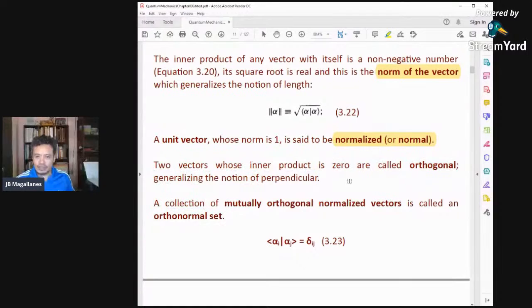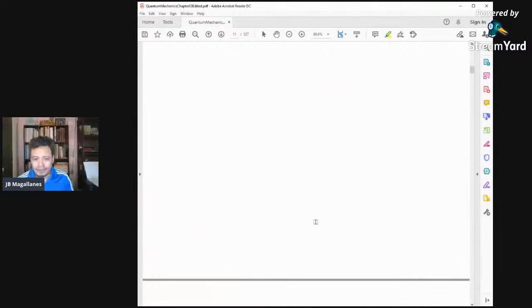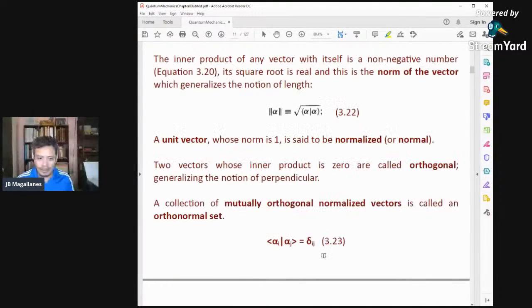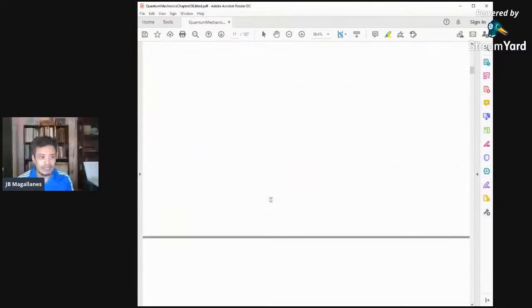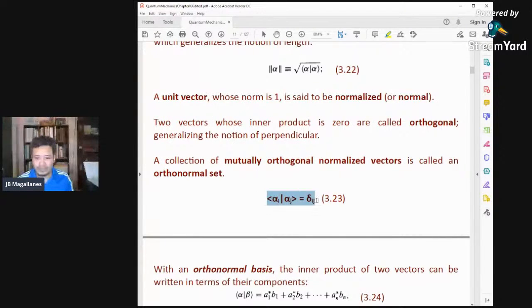Two vectors whose inner product is 0 are called orthogonal vectors. Orthogonal means perpendicular. So they are perpendicular. And if you have a collection of mutually orthogonal normalized vectors, it's called an orthonormal set here.